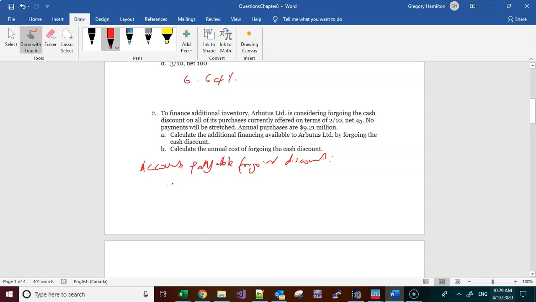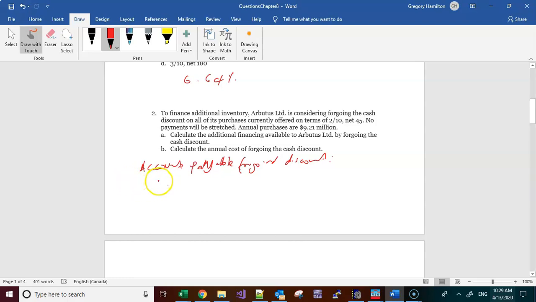All right. So that would be the annual purchases, and we want to find out what those annual purchases would be in terms of days. So if we find the average amount for the day, then we'll multiply that by the final date, and that will give you how much should be available if you have the entire 45 days.